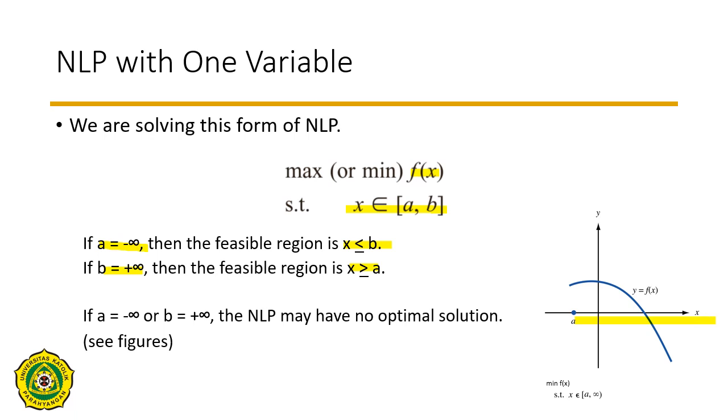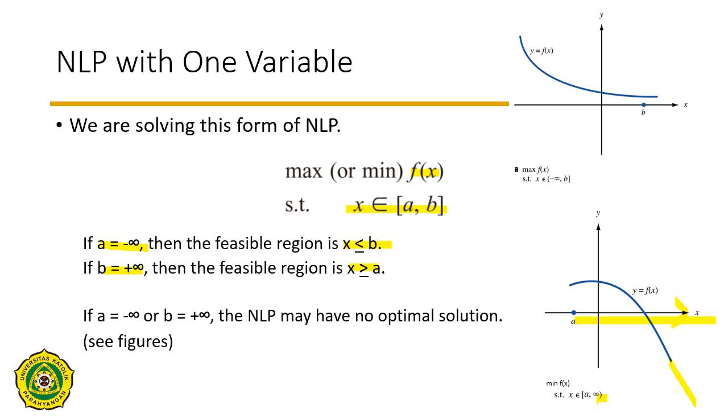We can see that as x becomes greater and greater, the value of f(x) becomes smaller, and it keeps getting smaller. Since we do not have an upper bound for x, this NLP has no optimal solution. Or we can say that this problem is unbounded.